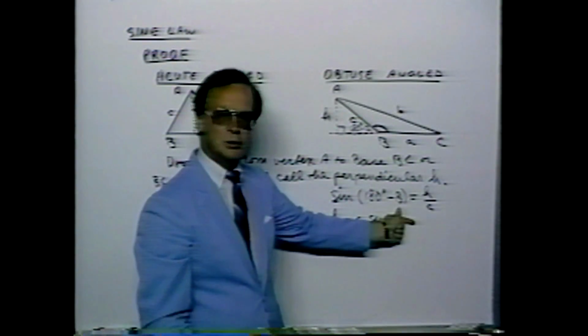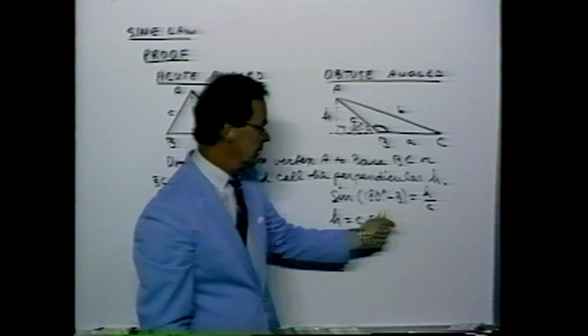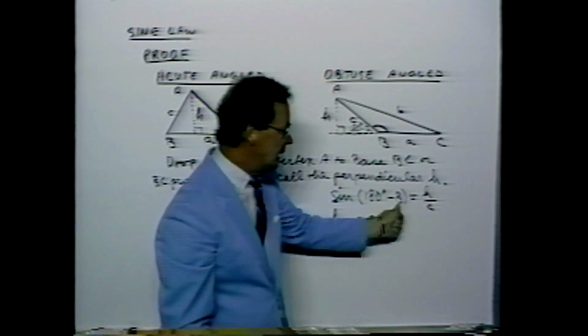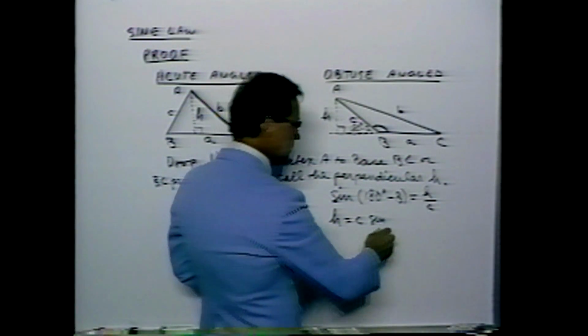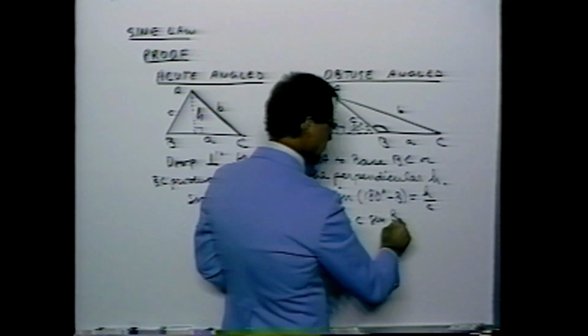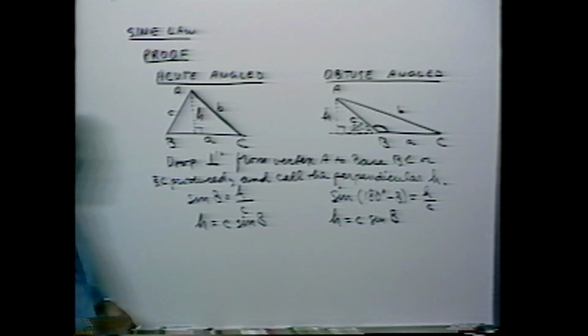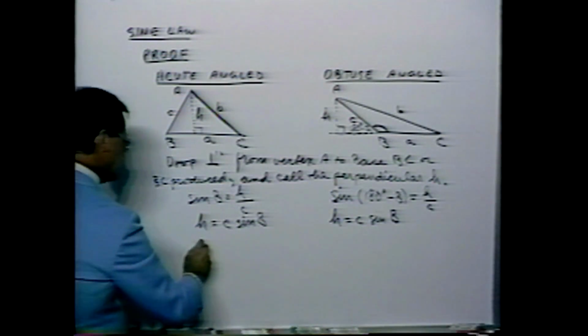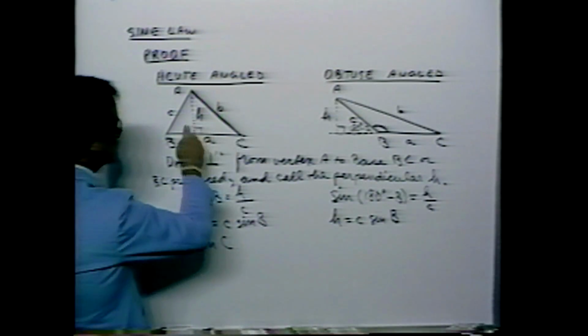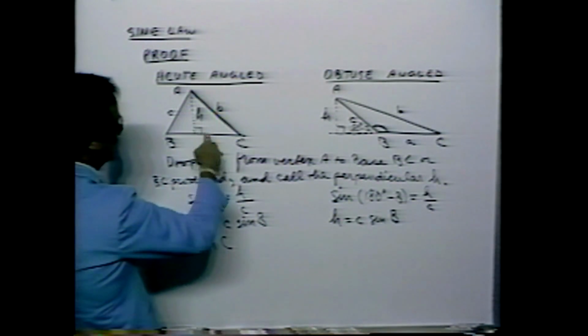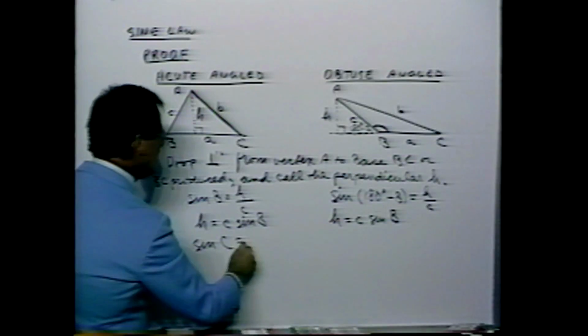And in this case, of course, the related acute angle is B. So the sine of 180 degrees minus B is equal to the sine of B. They yield the same amount.